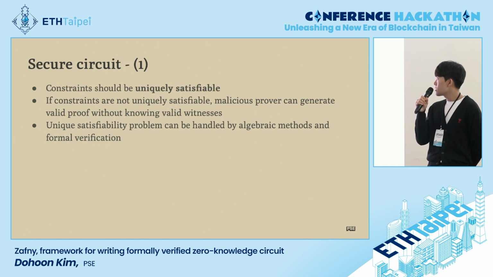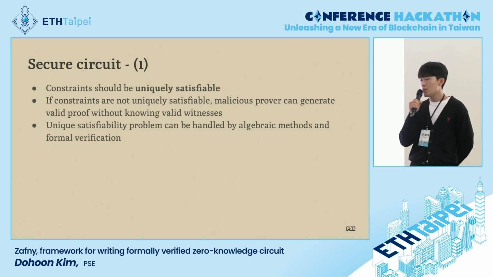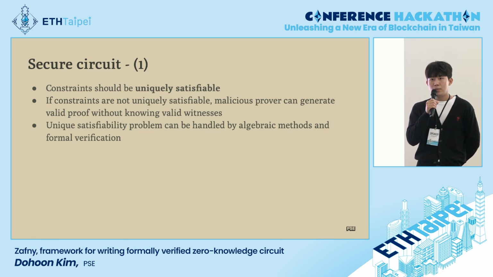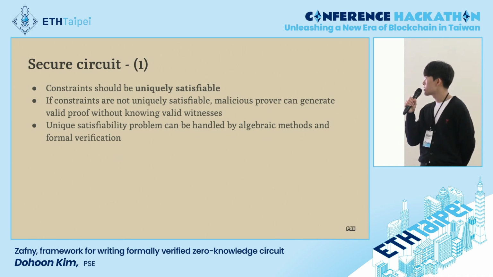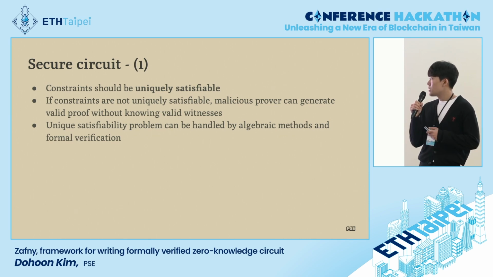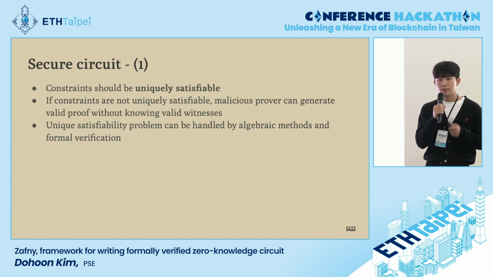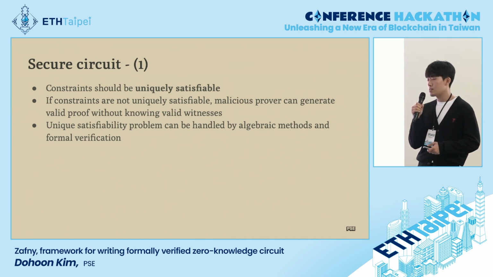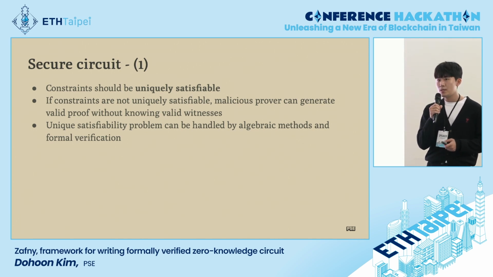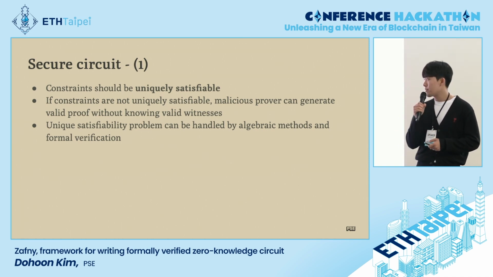Uniquely satisfiable means that given the constraints and the given public inputs, there should be a unique witness to satisfy these polynomial constraints. If constraints are not uniquely satisfiable, a malicious prover can generate a valid proof without knowing the valid witnesses. This kind of unique satisfiability problem can usually be handled by algebraic methods and formal verification methods.